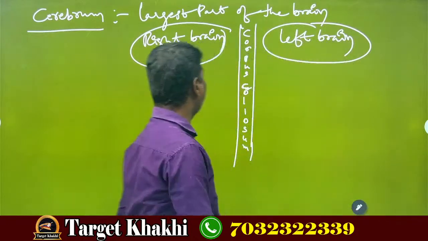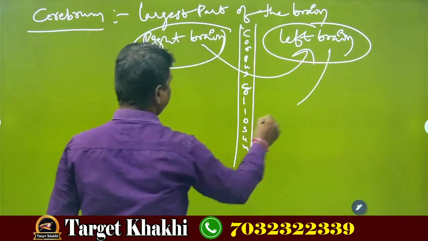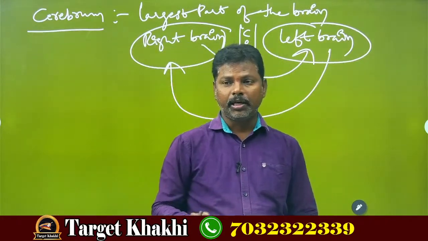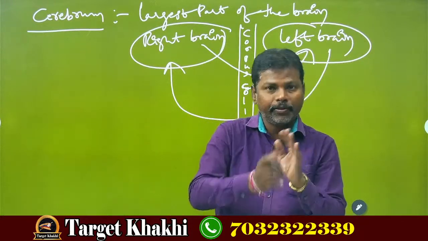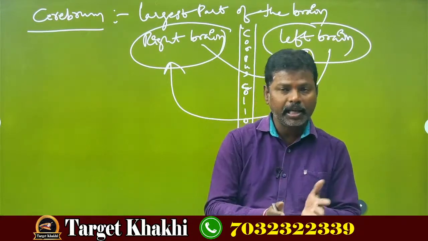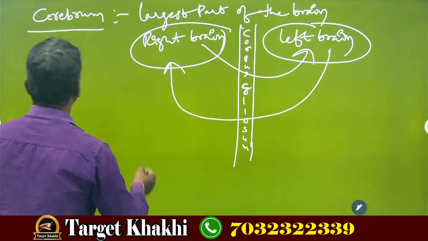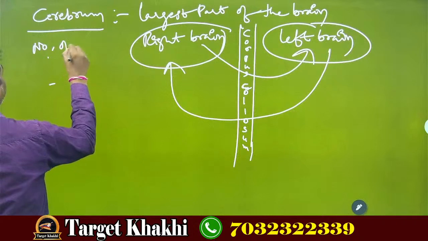Understood? So, vice versa. Right brain controls left side and left brain controls right side. Both work simultaneously and cooperatively.